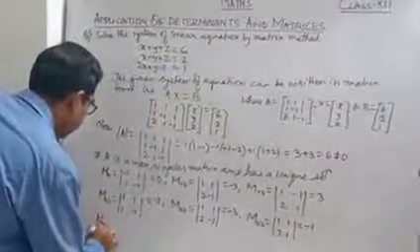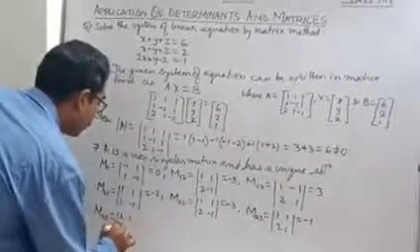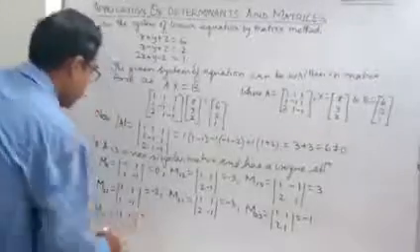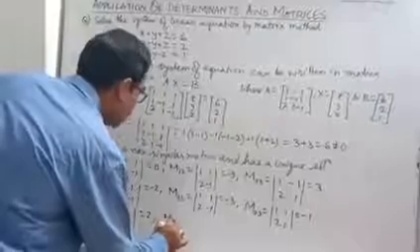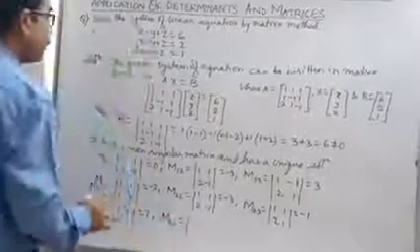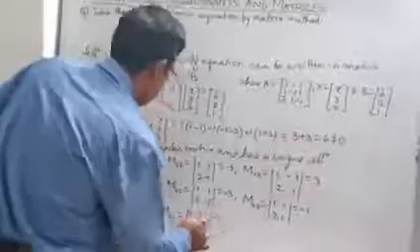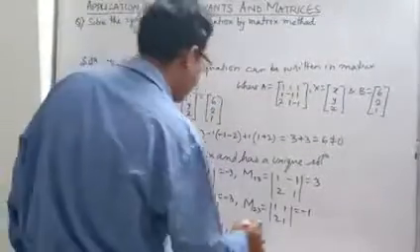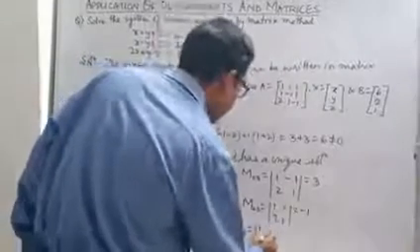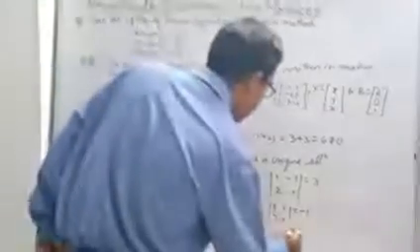Next, M31. M31 will be 1 1, minus 1 1. That is equal to 1 minus of minus 1, means 1 plus 1, 2. M32. M32 will be 1 1, 1 1, means 1 minus 1, 0. Correct? And M33 will be 1 1, 1 minus 1, minus 1 minus 1 means minus 2.